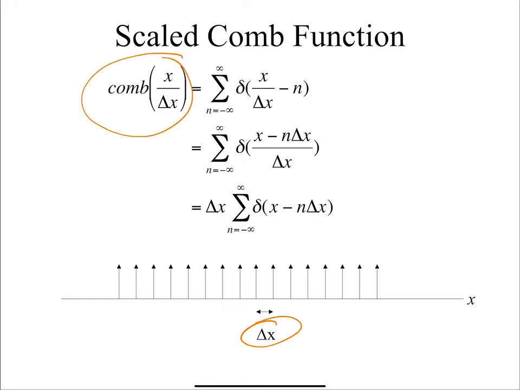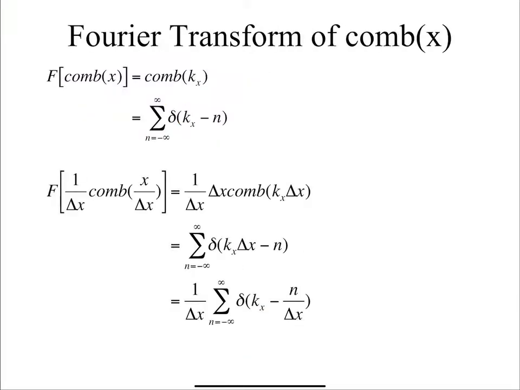So now the spacing is delta x. The most important thing to remember is the Fourier transform of a comb is a comb, so that's really nice. Okay? So basically, if I have a comb function, it just goes to, in Fourier space, another comb function where the spacing in kx is 1.